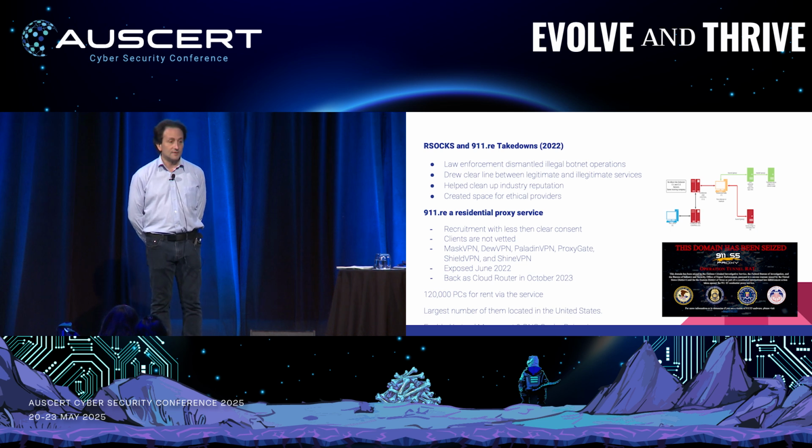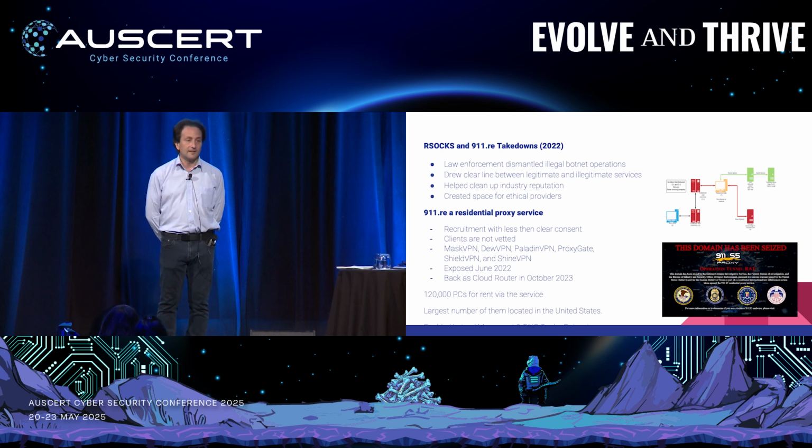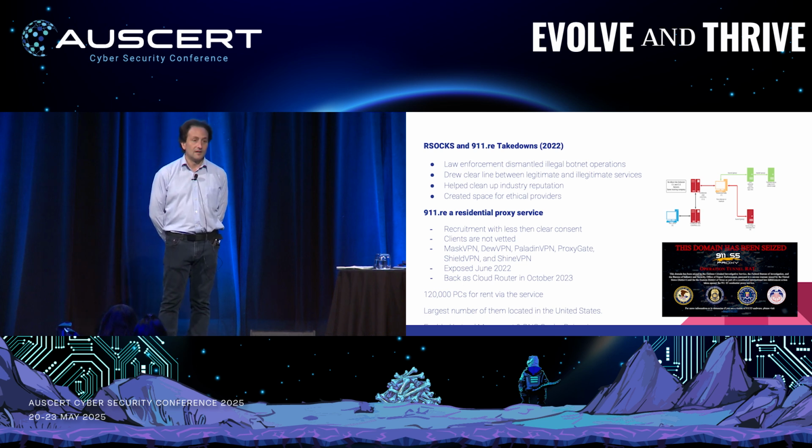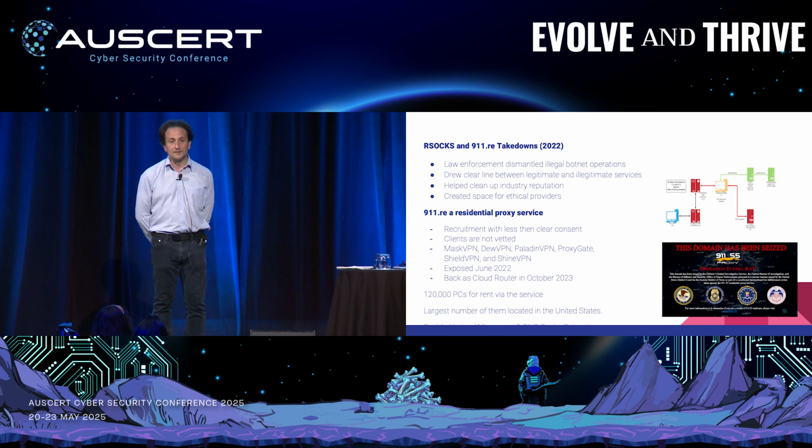One of the reasons it was taken down is there was no vetting of the customers utilising the service. So anyone could sign up and utilise 911.re's residential proxy service. And today you can go on Reddit and just do a search, and you will find numerous posts about, now 911.re is gone, who are you using?